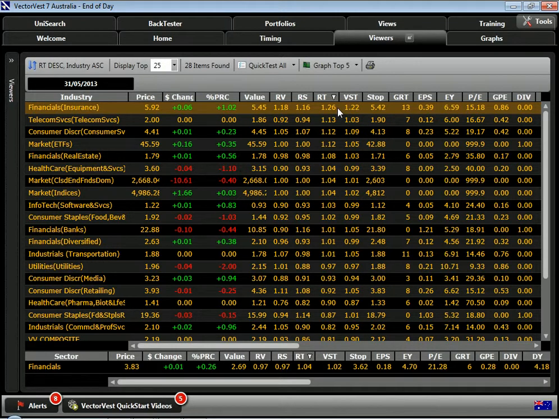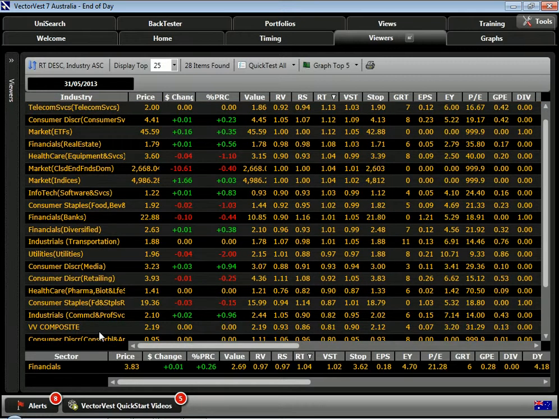And of course, we're analyzing this data at the end of May, where we've just experienced a strong pullback in the market. But I'll also have you note right here at the bottom, we also list the VectorVest composite. We know the VectorVest composite is the average of all the stocks in the database, and so this is representing the market. So all the industries that are above the VectorVest composite in RT rank are outperforming the broad market.